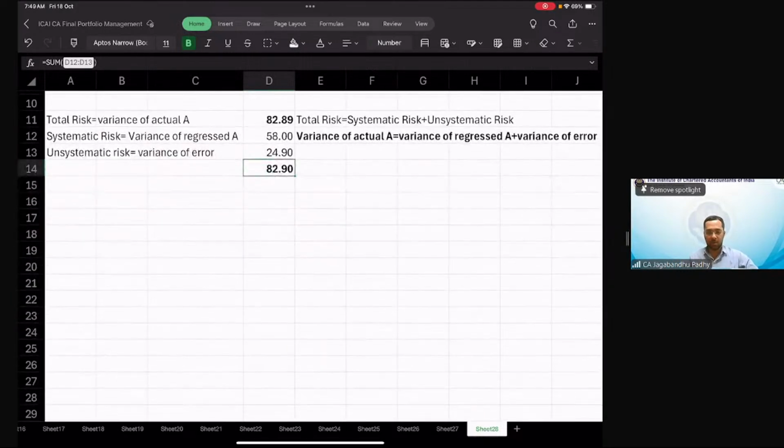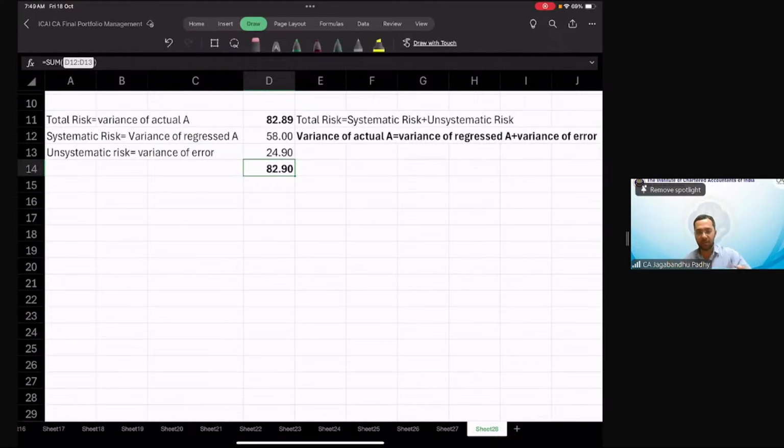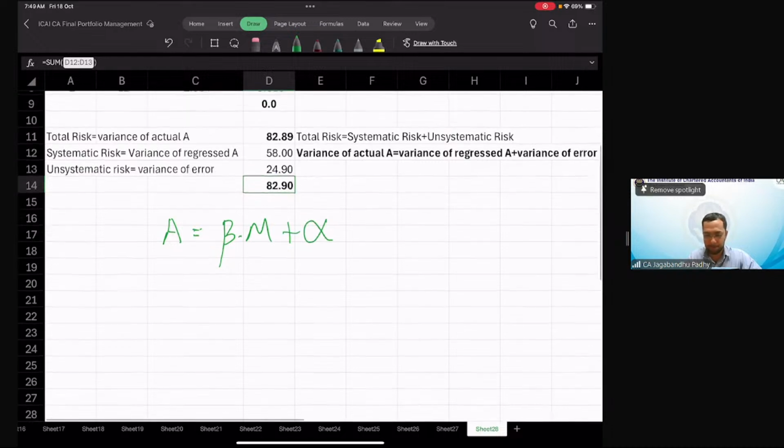Okay. Now, we have this regression line that return of A is equal to beta into return of market plus alpha, plus the error term.